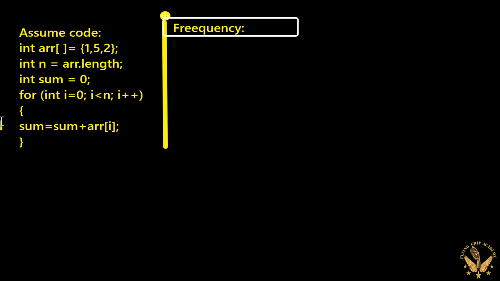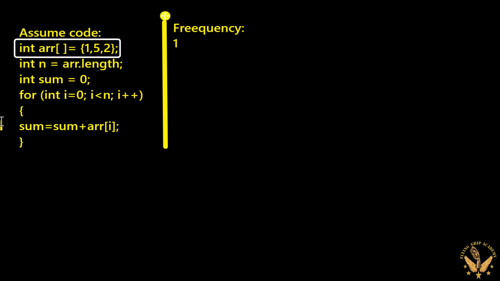The first statement, the array which holds the 3 values, starts with index 0 up to n minus 1.